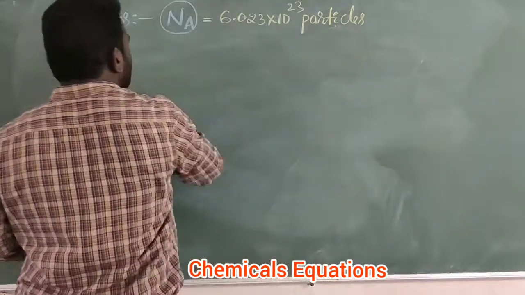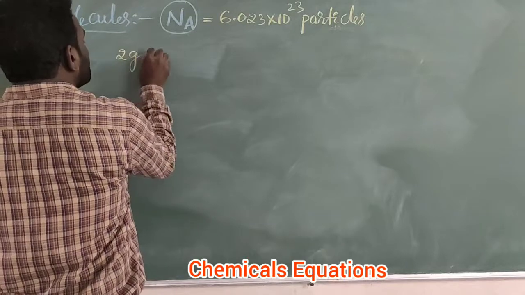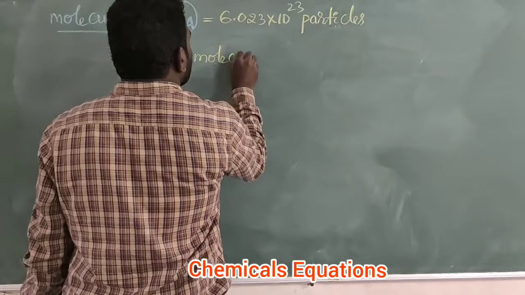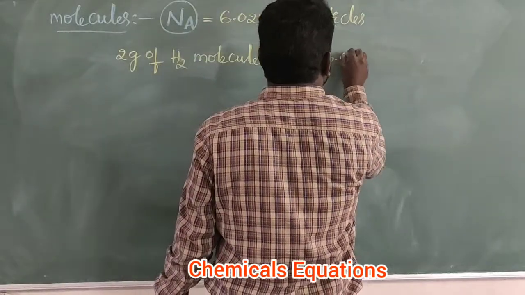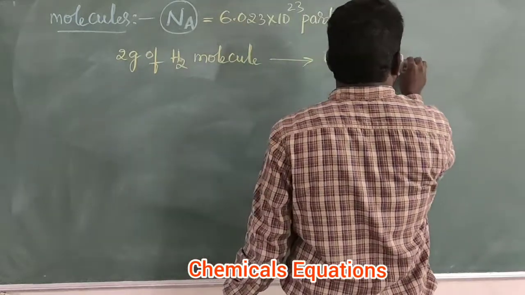So based on our equation, I am writing that 2 grams of hydrogen molecule contains 6.023 into 10 to the power of 23 molecules of hydrogen.